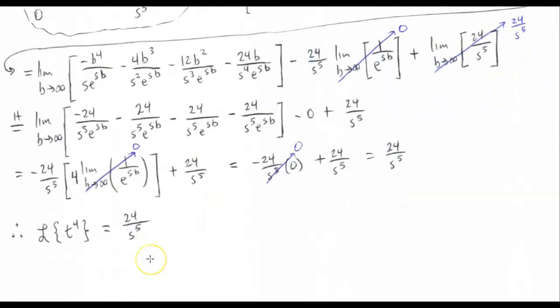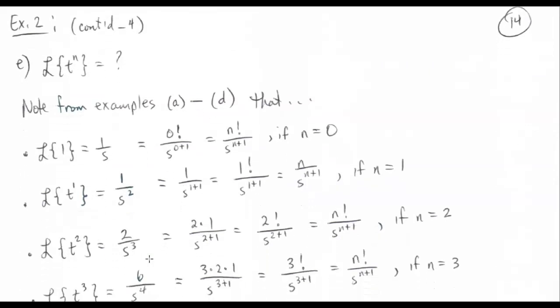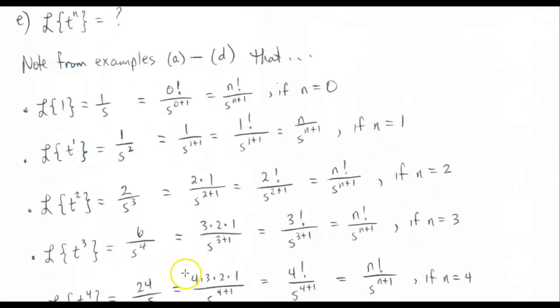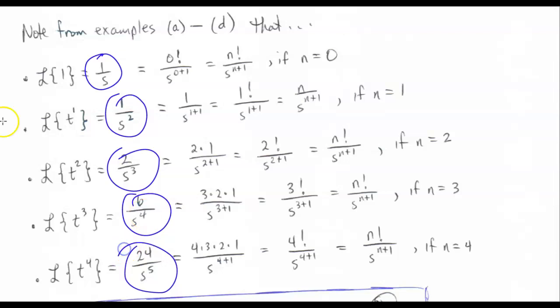The main thing here is, now that we have a collection of Laplace transforms for 1, t squared, t cubed, t to the 4th, we can come up with a pattern. What we notice to start off with is whatever is in the denominator.